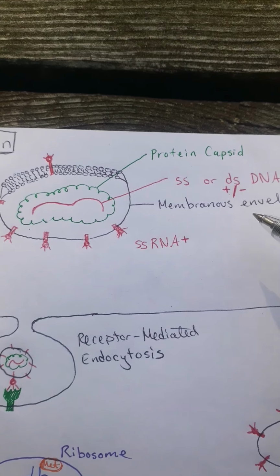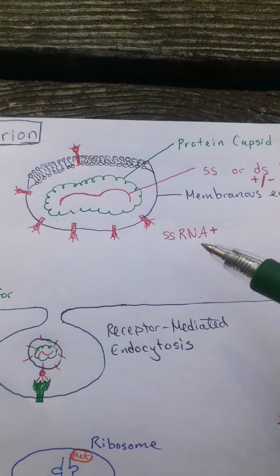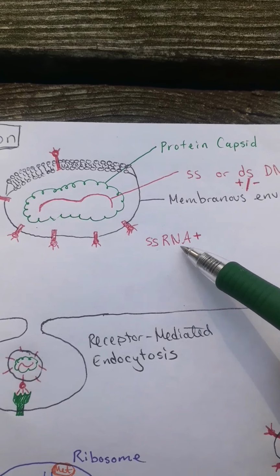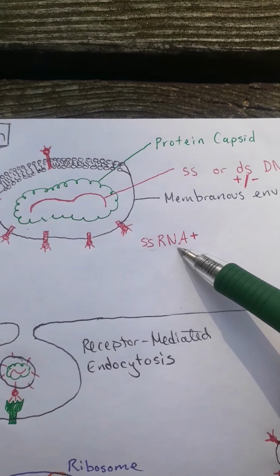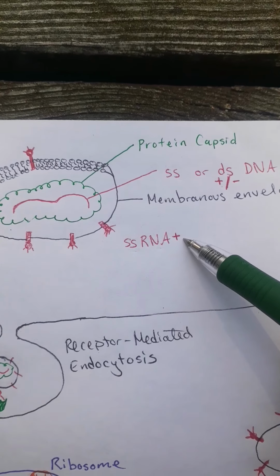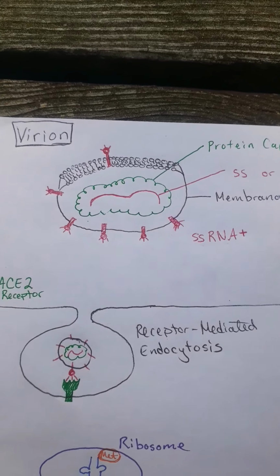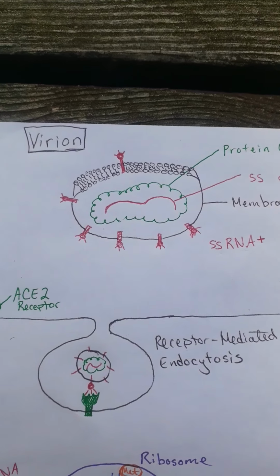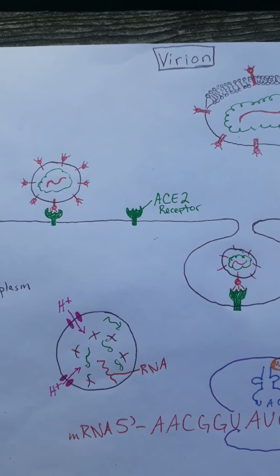Okay, and so the example virus that I'm going to talk to you about today is a single-stranded RNA positive, which means that there's only one strand. It is RNA, so it can be immediately translated into a protein, and of course it is positive. And so this example is just like COVID-19. So we're going to continue with that example of COVID-19.